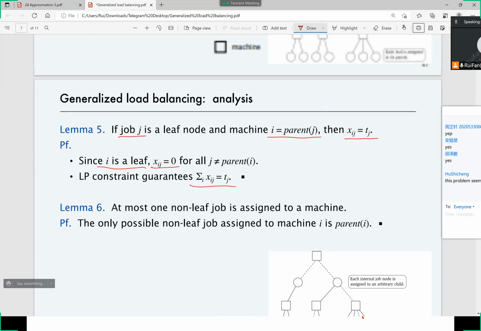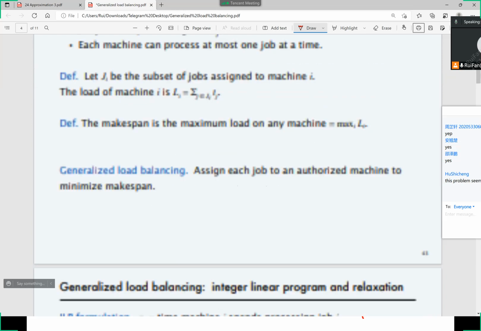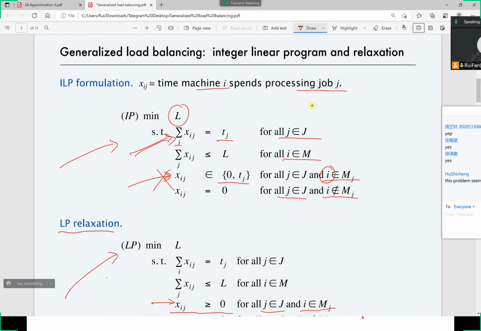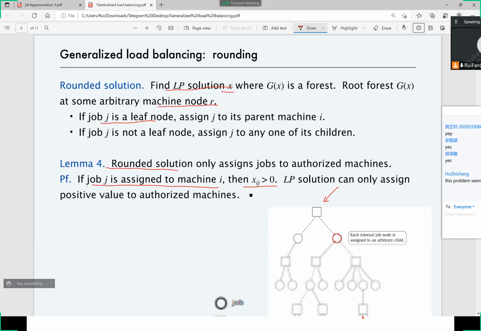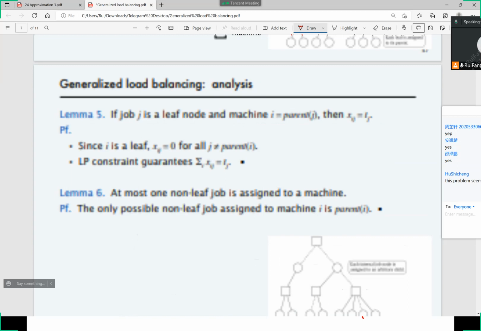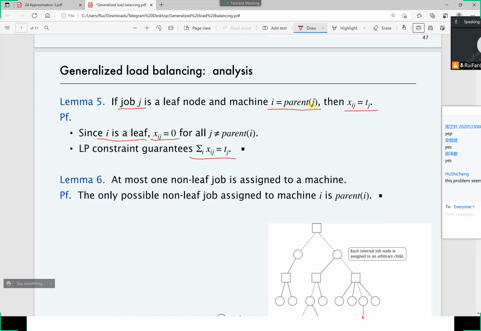So this constraint, where is it? Yeah, the job has to satisfy this constraint over here. And since there's only a single i for which x_ij is larger than 0, then that single x_ij has to be equal to t_j.